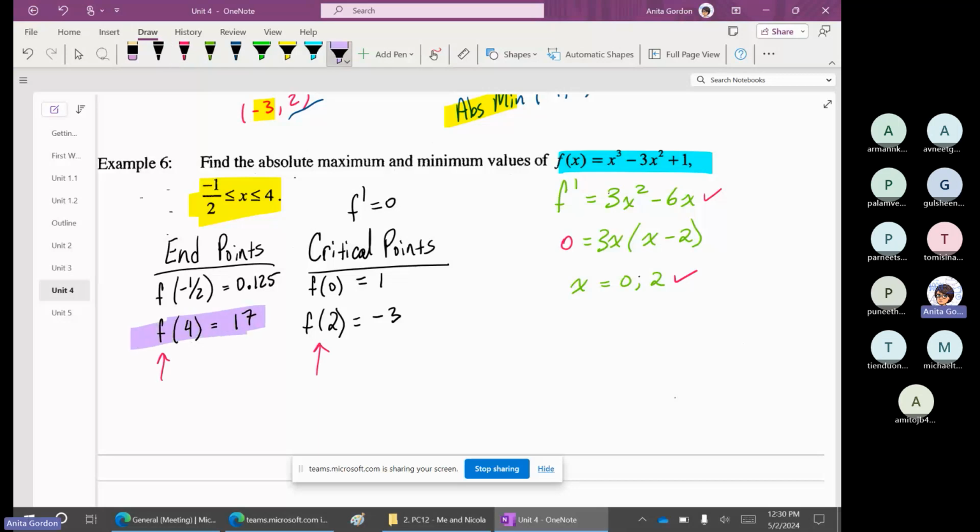Here is my maximum value. Here is my minimum value. So I have in this interval an absolute max at the coordinate 4, 17, and an absolute min at the coordinate 2, -3.